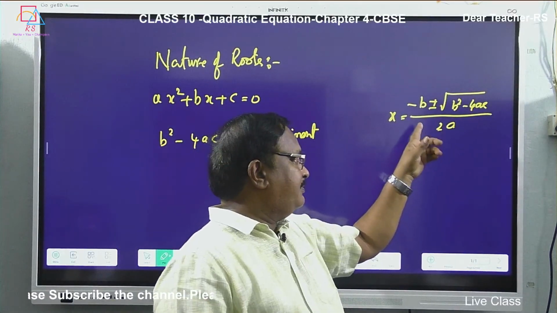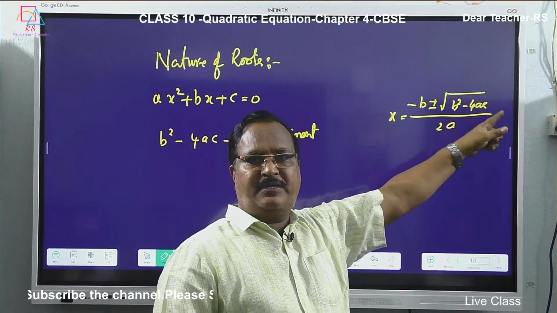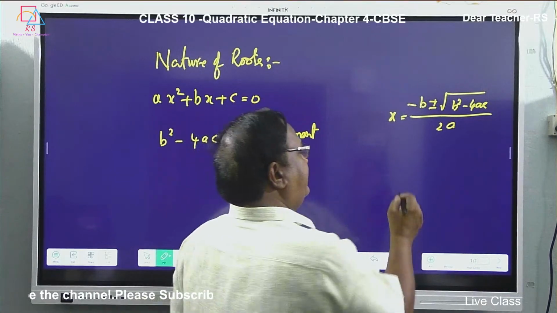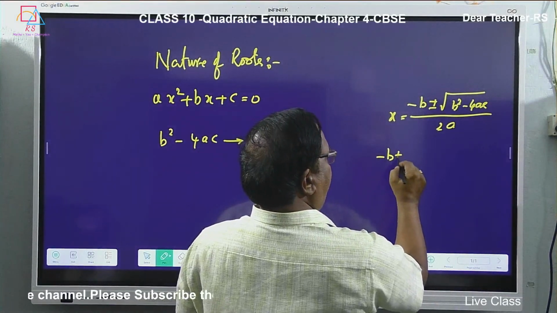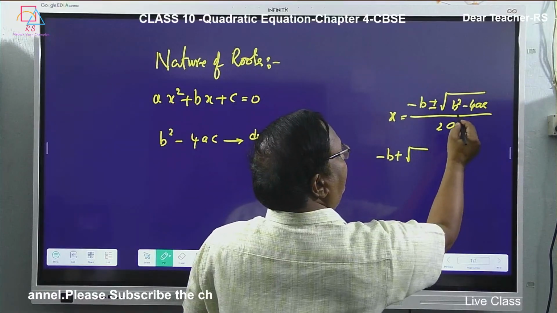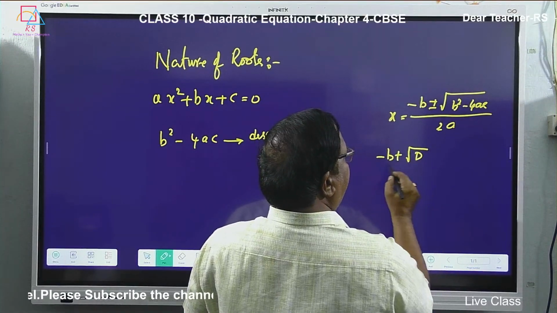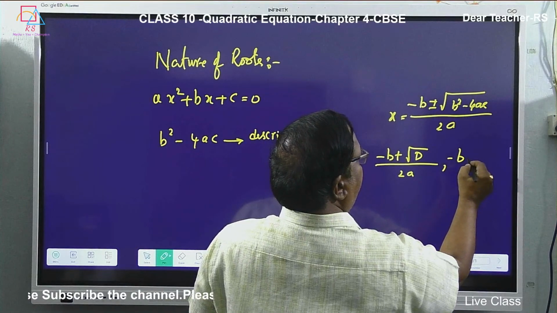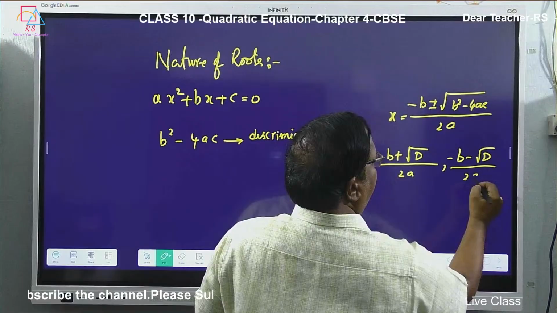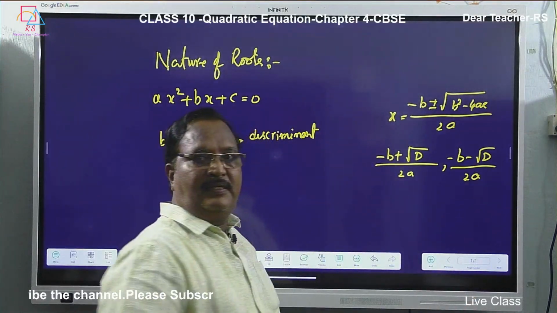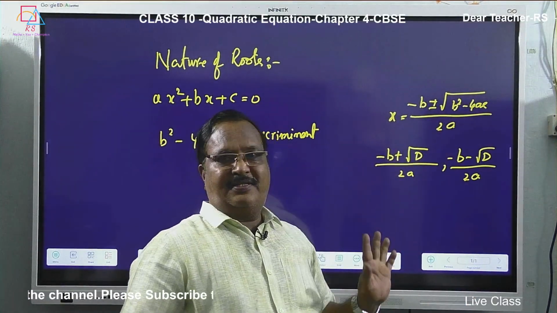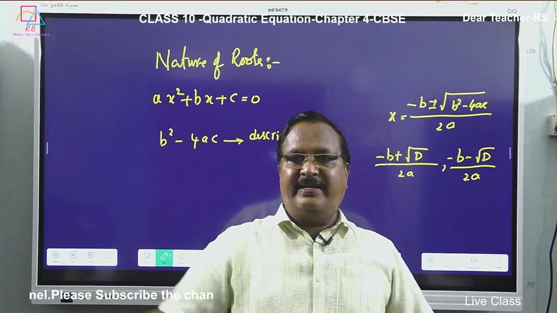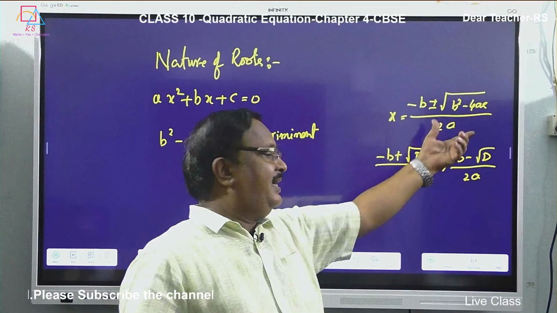So plus or minus means minus b plus square root of b square minus 4ac by 2a is one root, and minus b minus square root of b square minus 4ac by 2a is another. These are the two roots. The proof is not given, but the nature definitely has to come from this.